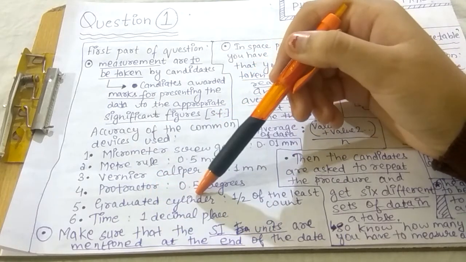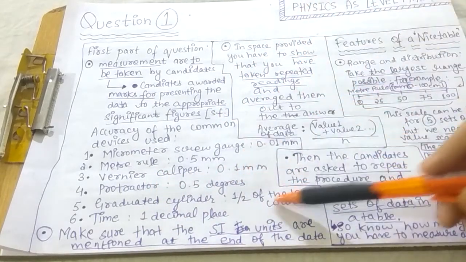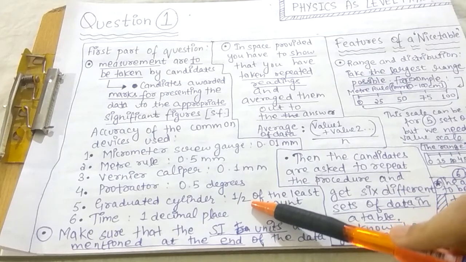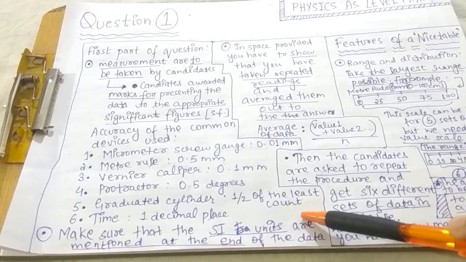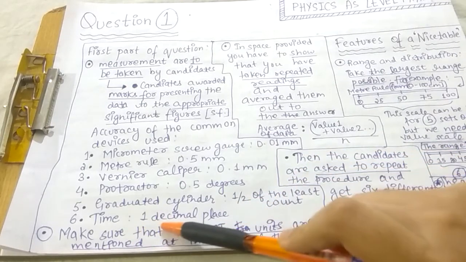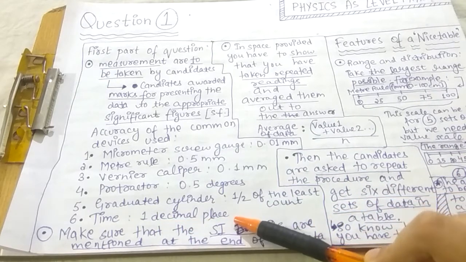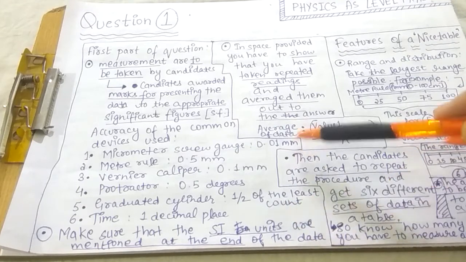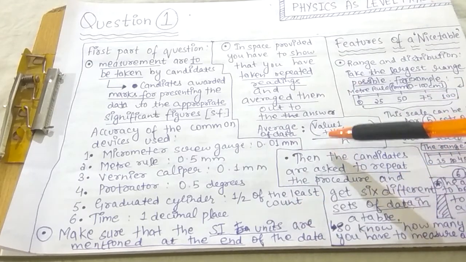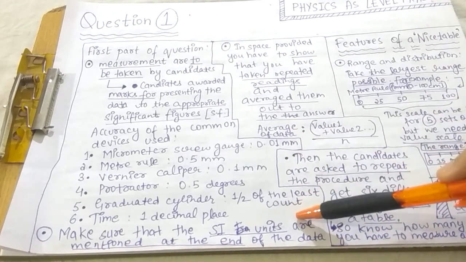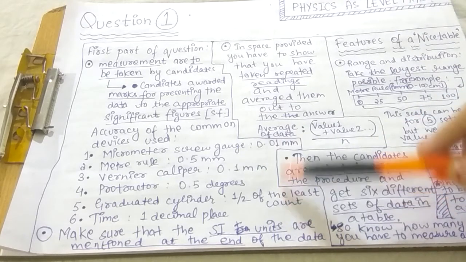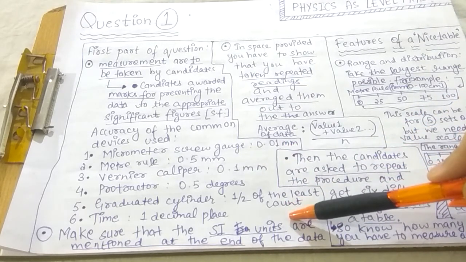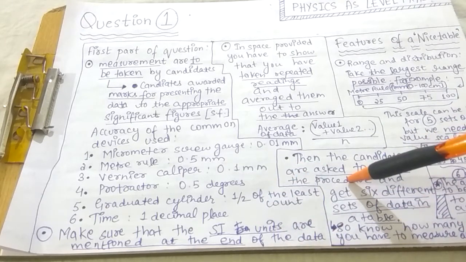A graduated cylinder has an accuracy of half of the least count. Time has an accuracy of 1 decimal place. I'll make other videos discussing each device. If you need any extra information on this, you can write it in the comment box as well.